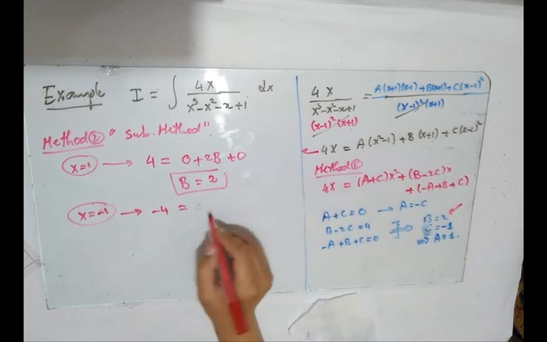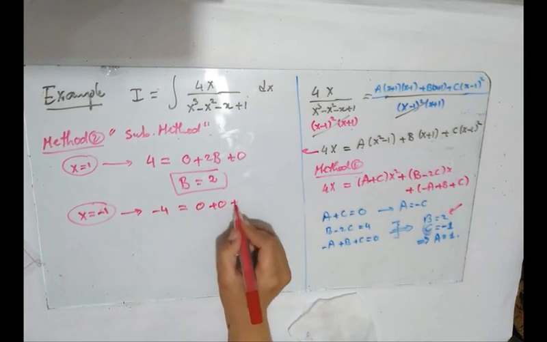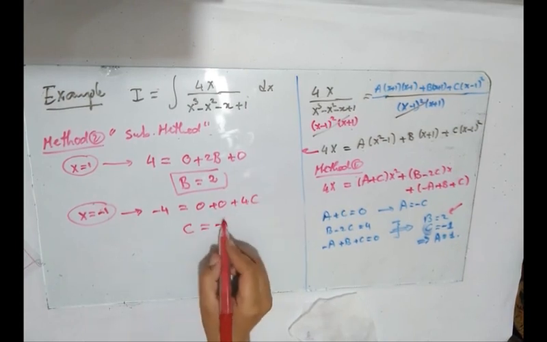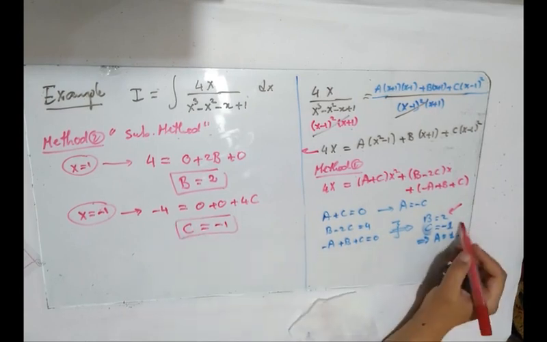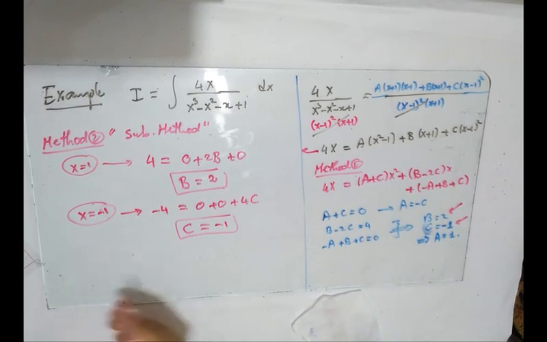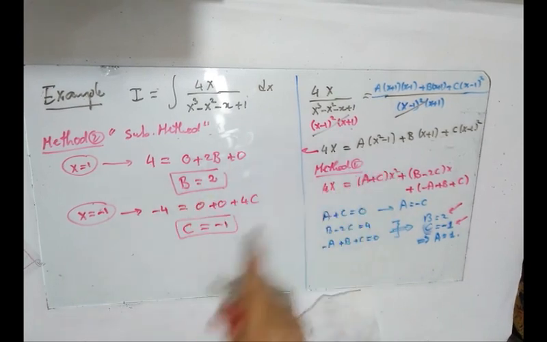So it will be 0 plus 4c. So you can see that c equals negative 1, which is the same as the value that we got by the first method.